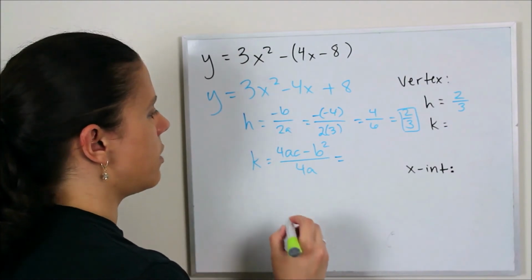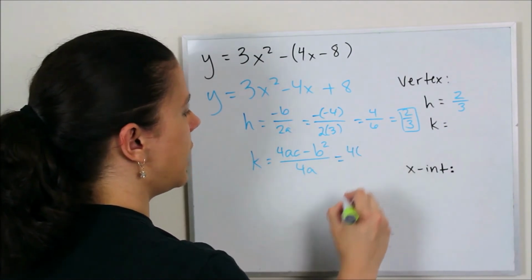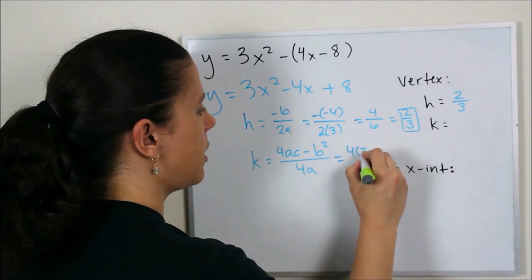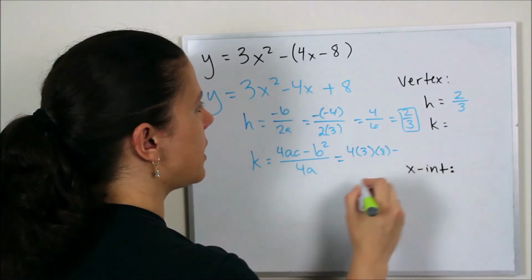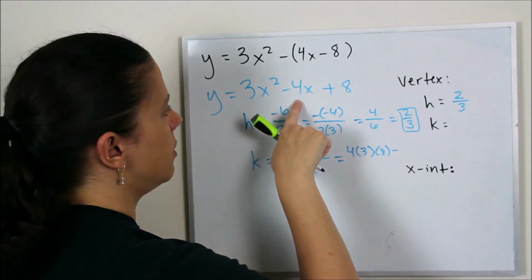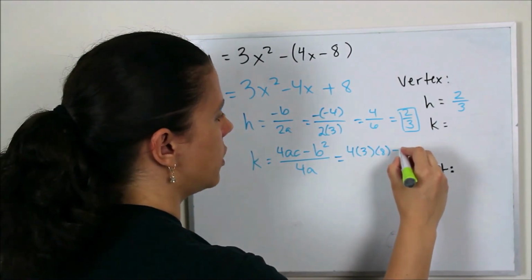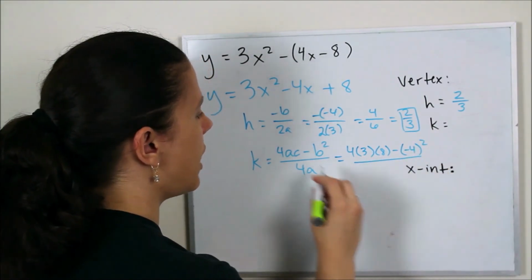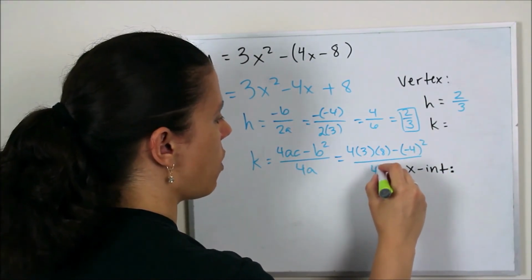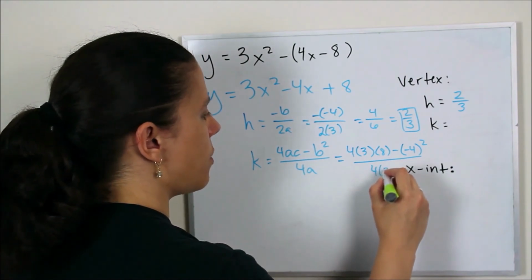So let's do it. So that would be 4 times 3 times 8 minus -4 squared, right? So that -4 is going to go squared, and all of that is going to be divided by 4 times 3, okay?